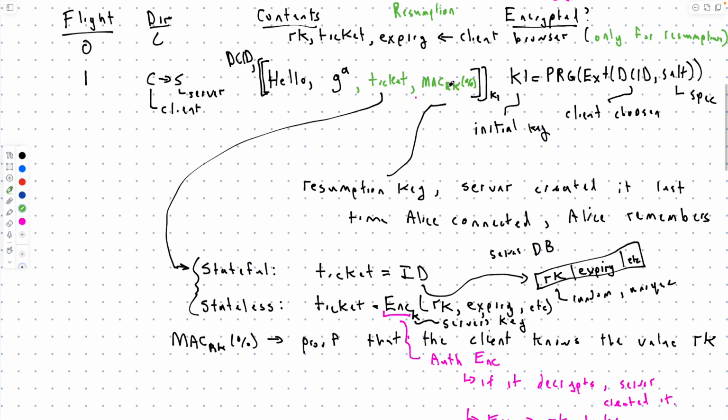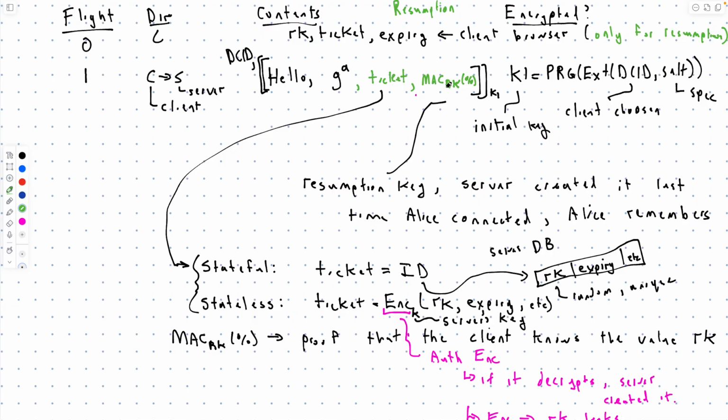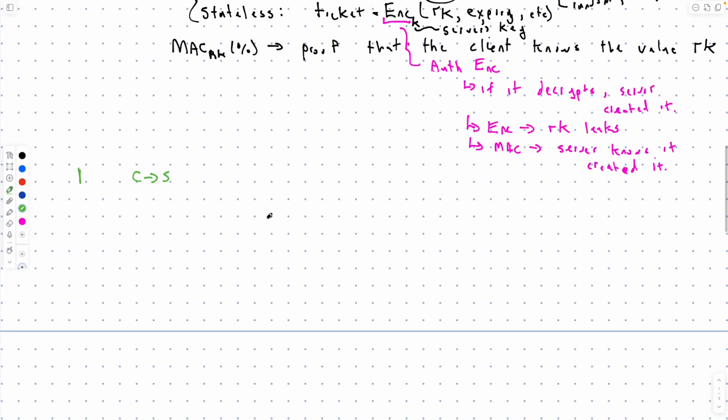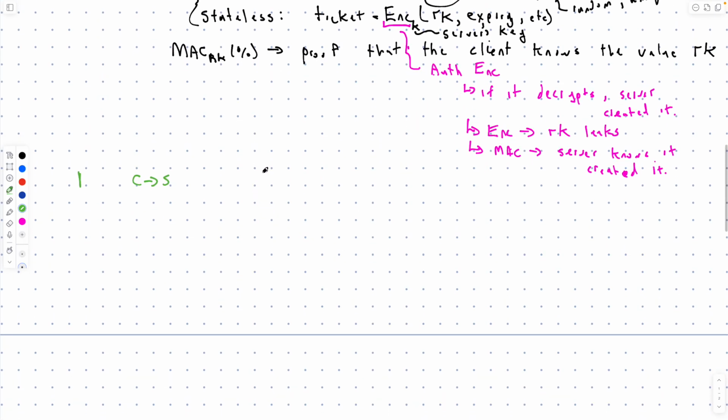The resumption key is a secret that I have between me and the server, so I can just start encrypting data right away. We call this early data. So I can start sending packets right away. They'll be encrypted with, I'll call it K2. This is called early data because we're sending it before we did the handshake.